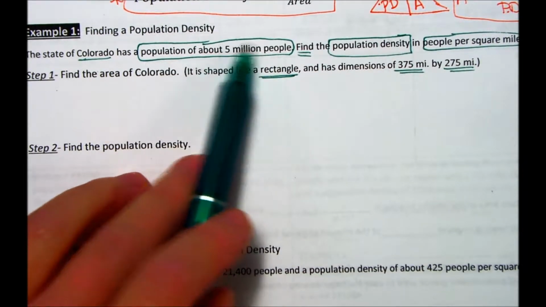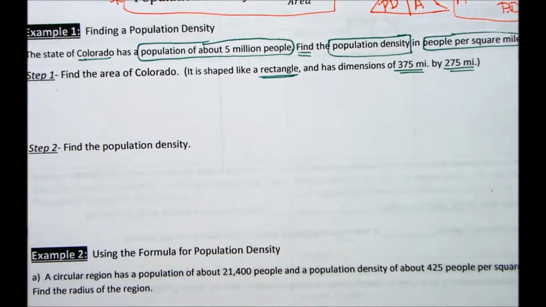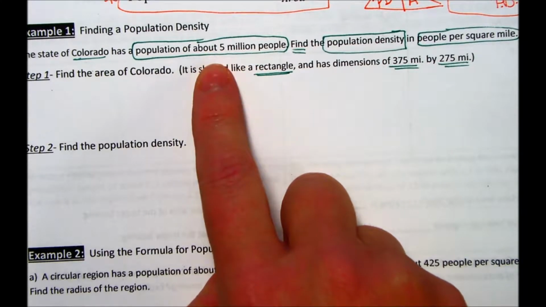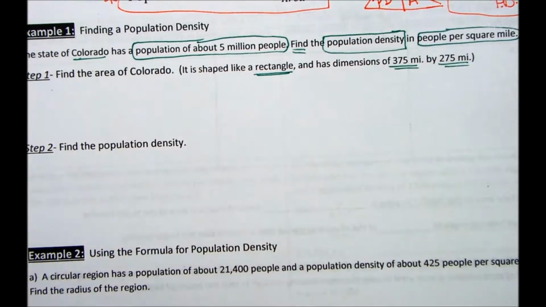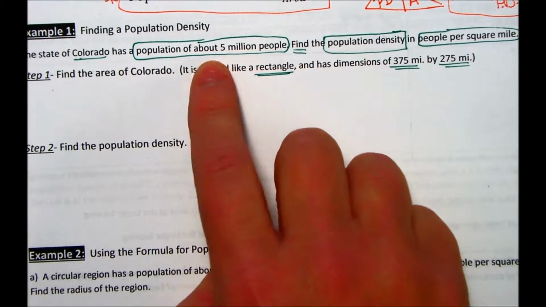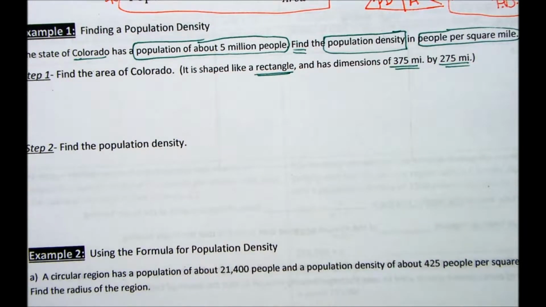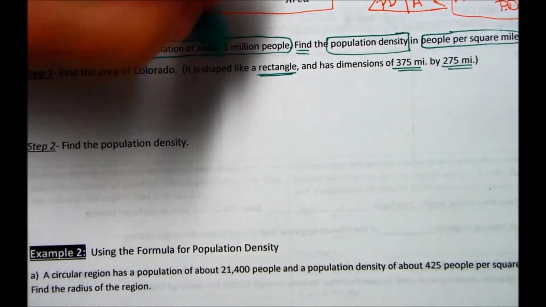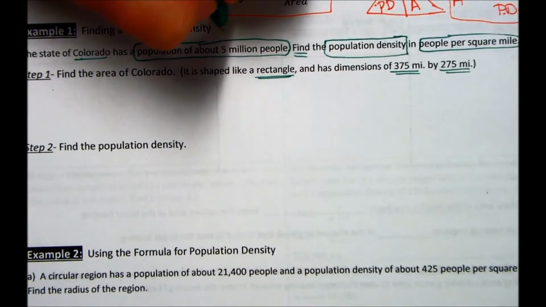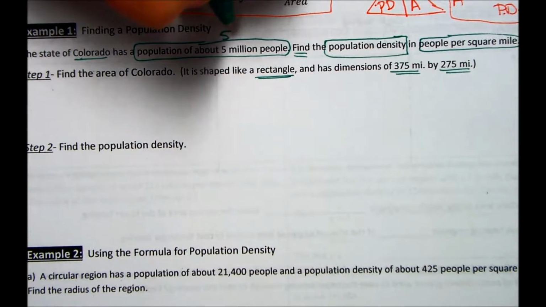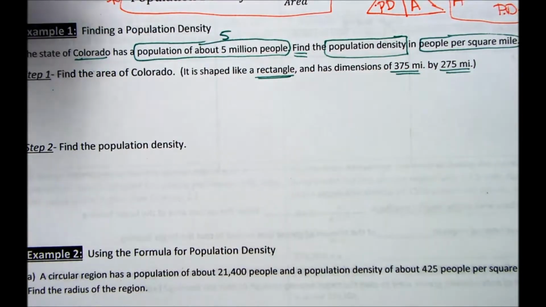This is a number that's written in words that you are going to have to sometimes write in regular number terms. So when you see 5 million or 6.5 million or 3.2 million, you basically want to take that number times 1 million. So 5 million is a really easy one to figure out because it's just 5 with 6 zeros after it.